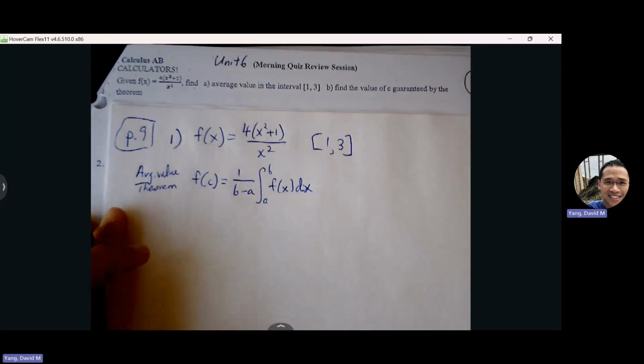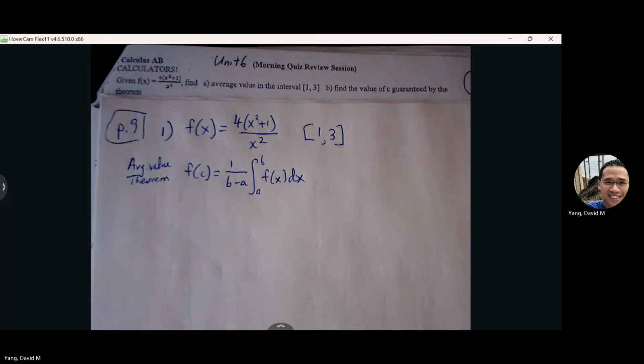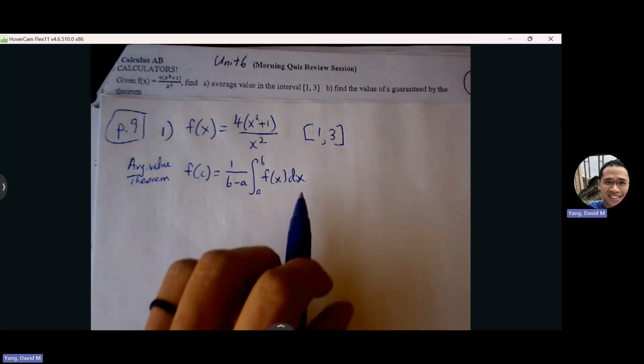Okay, we need to memorize this formula here. But we can start putting everything in, right?